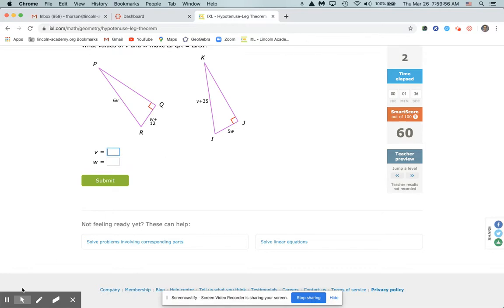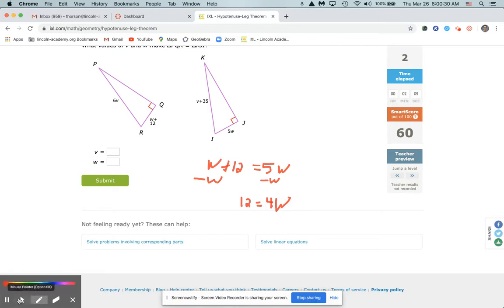All you would have to do is set up a simple little equation, W plus 12, that's this short side here, equals its corresponding short side, 5W, and then solve for W. Minus W from both sides, we get 12 equals 4W, and divide by 4, we find out W is 3. So I come in here, type in 3.